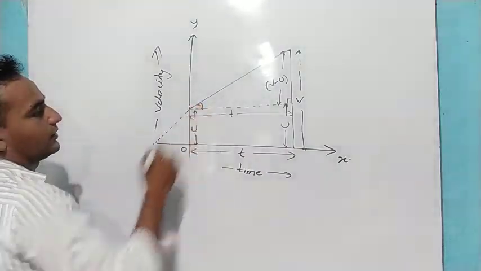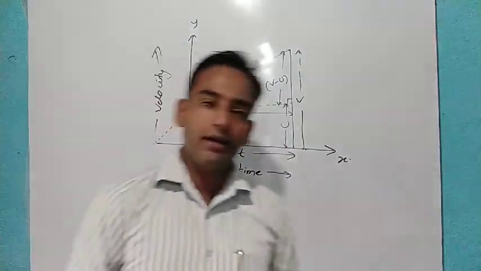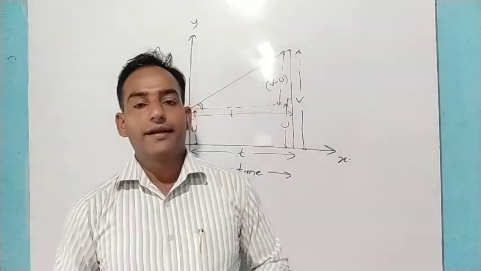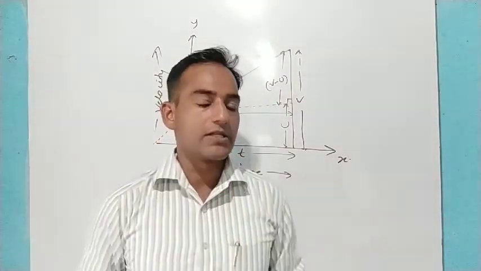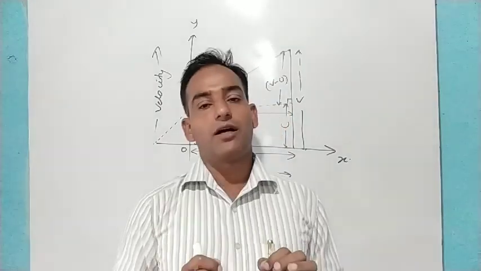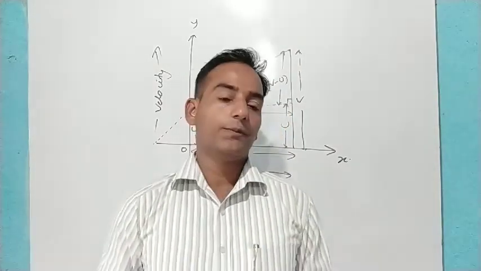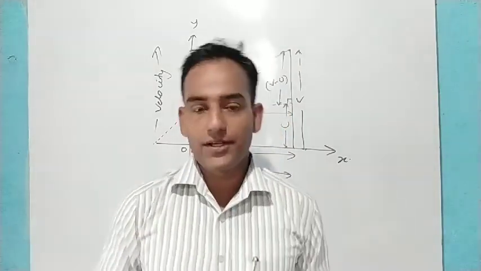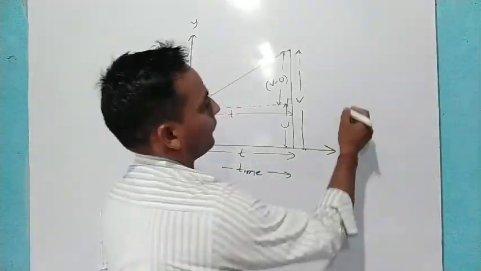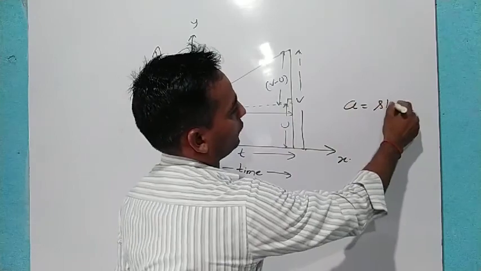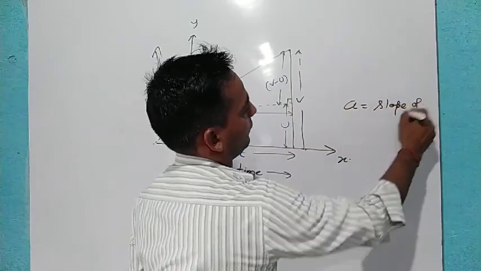This is angle theta. And already I have told you that in a velocity time graph, remember this, if I have not told you, please remember this. In a velocity time graph, if we have to find the acceleration, we will find the slope of the graph.